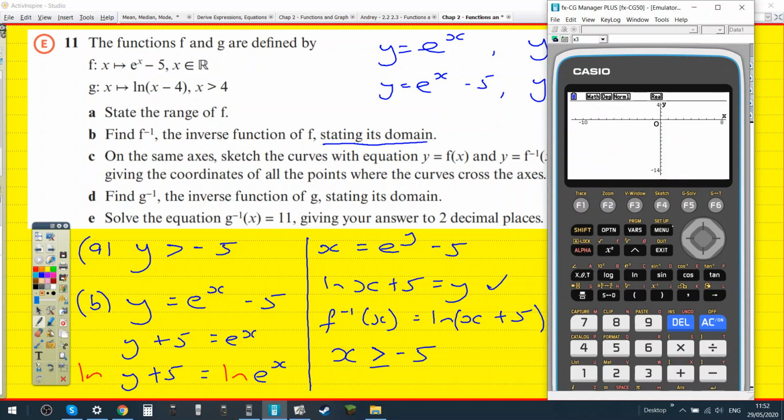I'm not sure what I need to do when I have ln of y minus 4 equals to x.